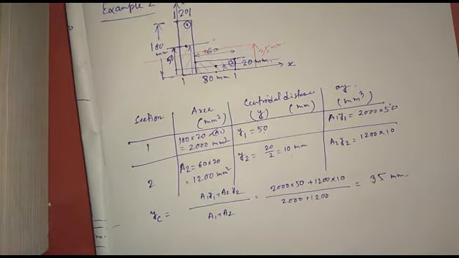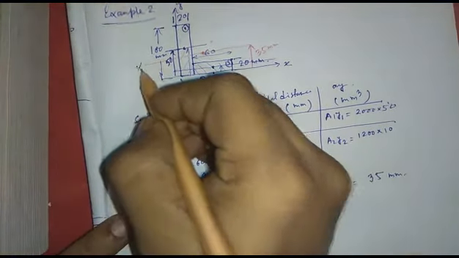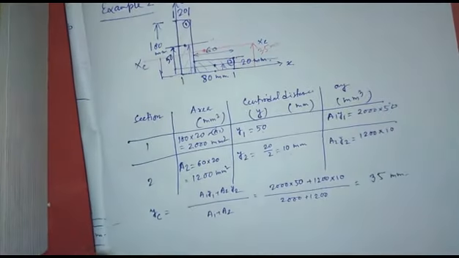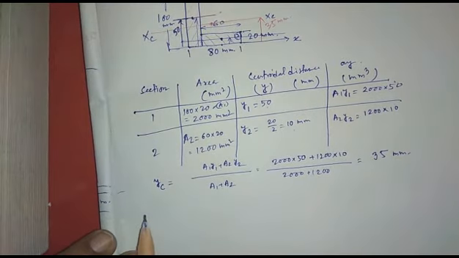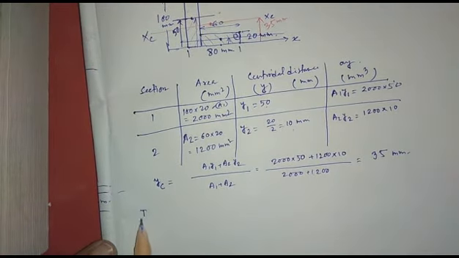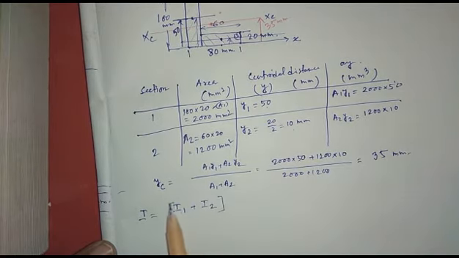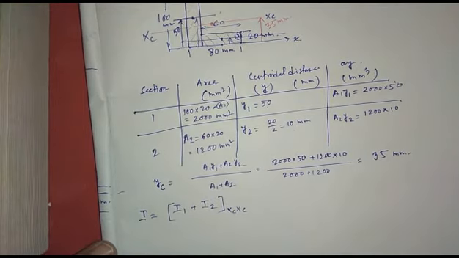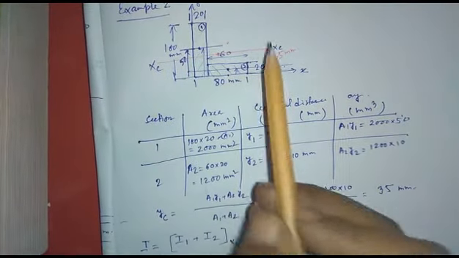So we need to calculate the moment of inertia about this axis, the centroidal x-axis. What is the formulation? The formulation is simple, as in the previous one. I of the whole section is basically I1 plus I2, and these two are calculated about this red x-axis.